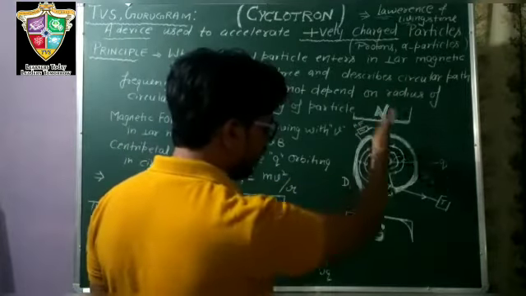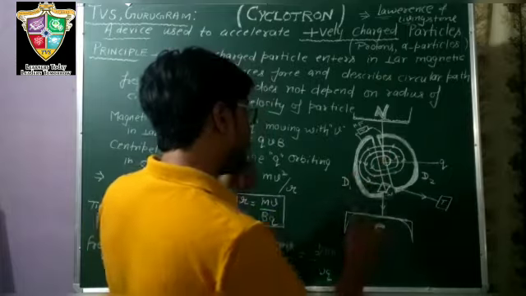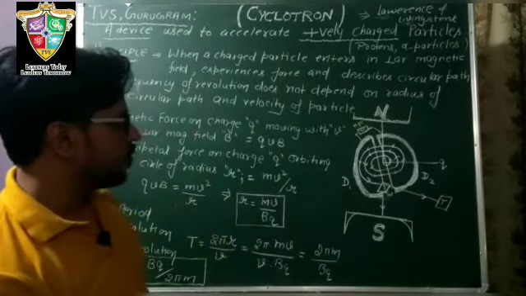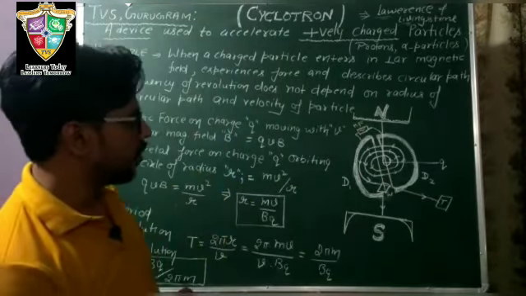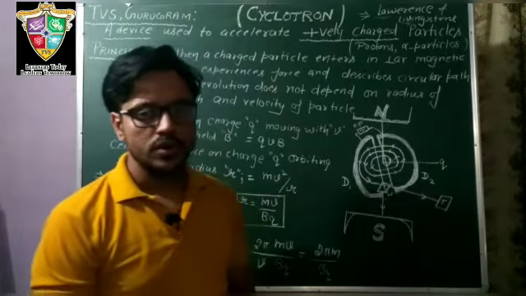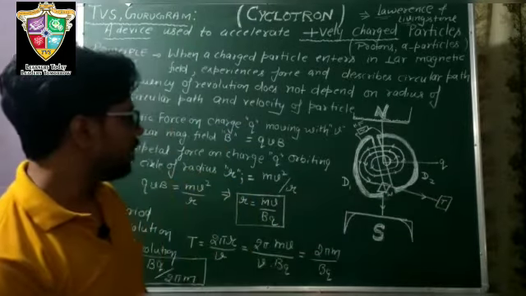This is the magnetic field direction, north to south. These Ds are connected with a high frequency oscillator which changes the polarity of the Ds, and there is a window from which the charged particle passes out and hits the target.